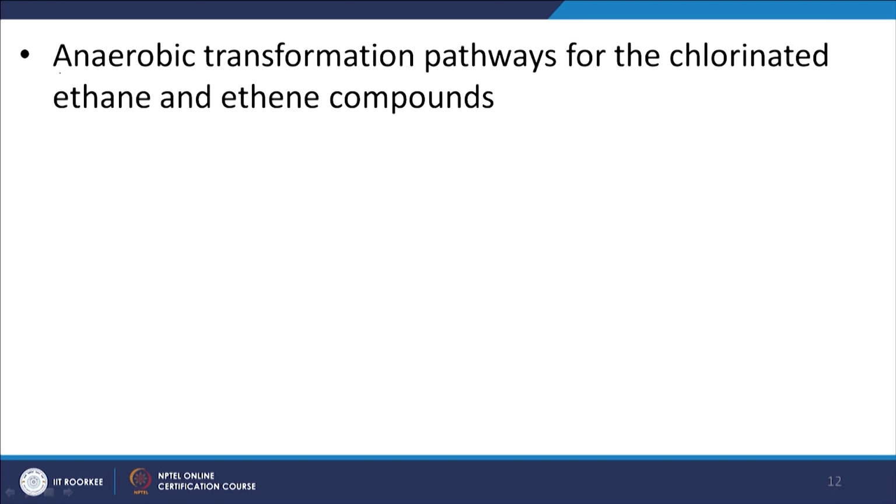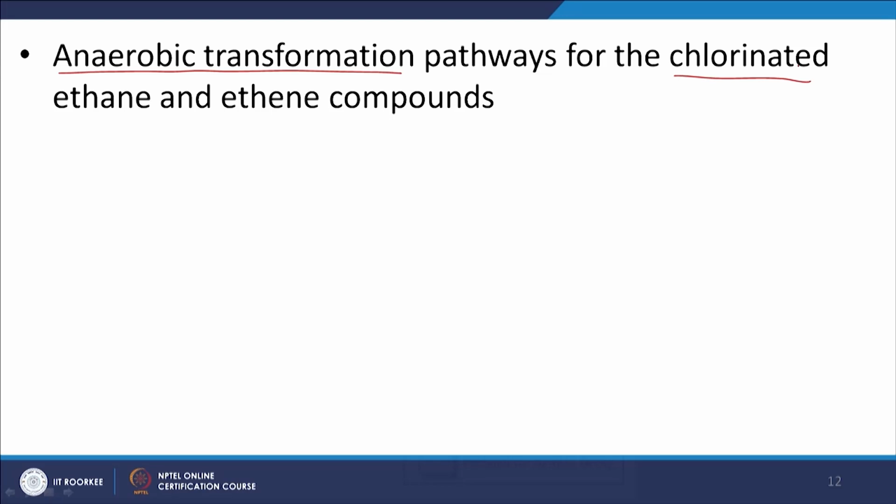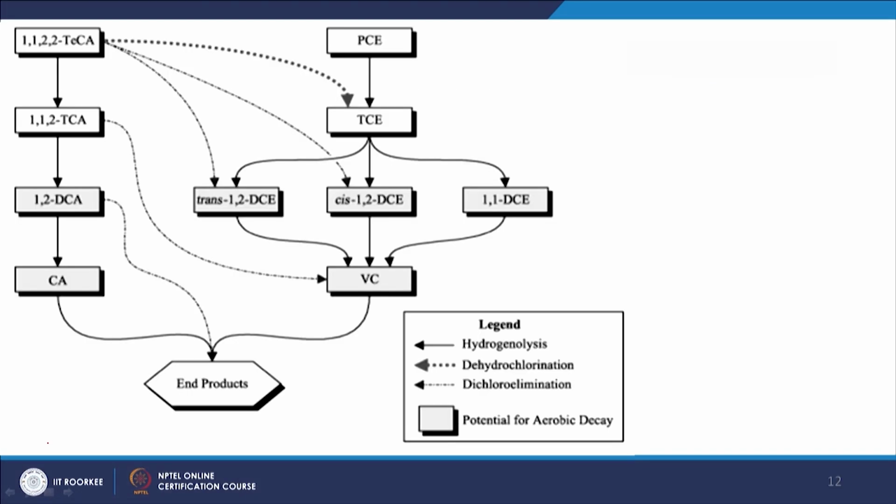Here again, let us look at the pathway, which is obviously the anaerobic pathway, based upon degradation of chlorinated ethanes and ethenes. This might seem familiar because I believe we looked at one of these pathways, PCE going to TCE, then 1,2 DCE, vinyl chloride, and then further degradation. Here the pathway is hydrogenolysis, which we looked at earlier too.